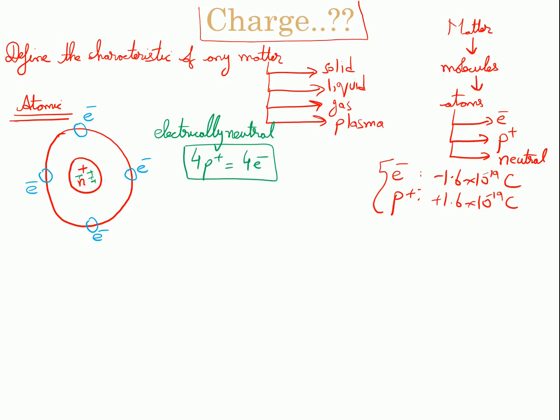So we say that it is a neutral atom, which means that its net charge is 0. Let us say that for any reason one of the electrons gets displaced from this atomic model. Let us say we consider this electron, and due to some external forces, or if the electron has gained certain energy from the orbit or shell, it gets displaced and it becomes a free electron.